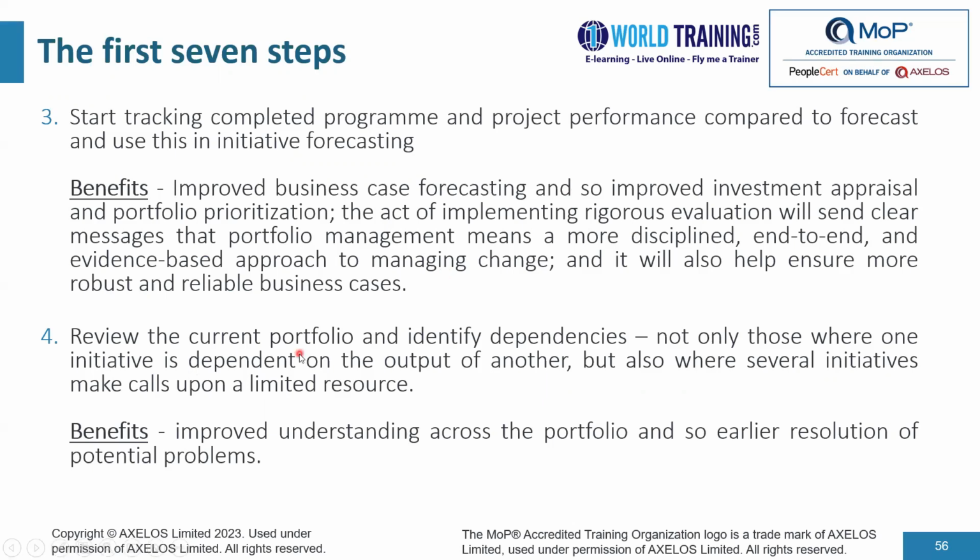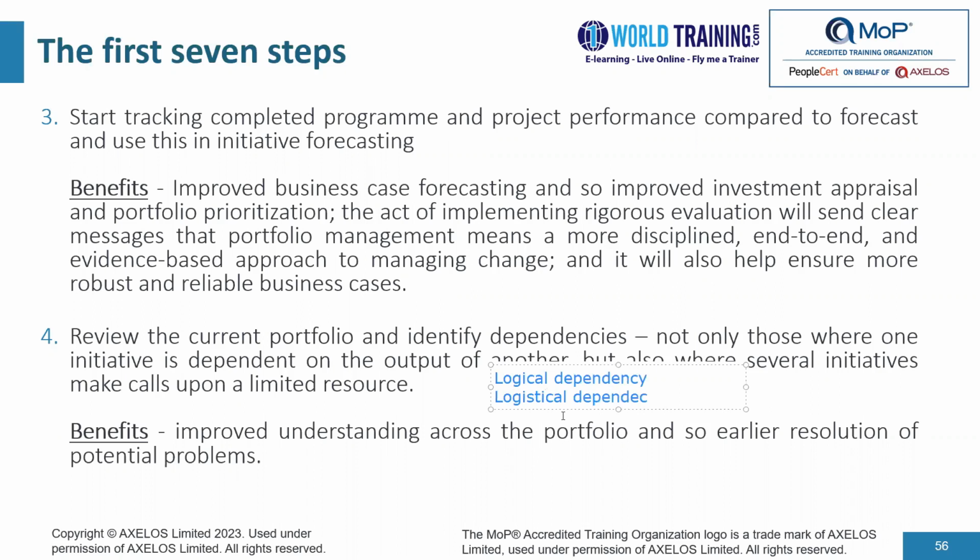Step number 4 in the 7-step process for implementation, review the current portfolio and identify dependencies, not only those where one initiative is dependent on the output of another, but also where several initiatives make calls upon a limited resource. In the context of MoP, they talk about a logical dependency, where one project is dependent upon the output of another project. The other type is a logistical dependency.